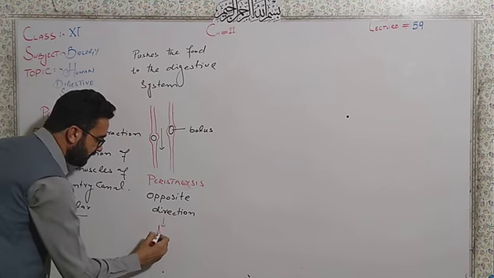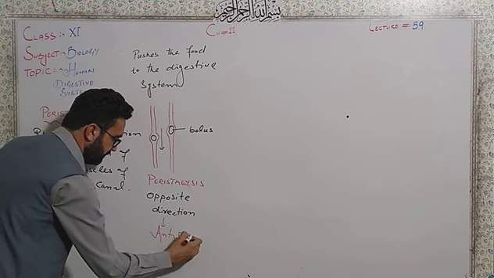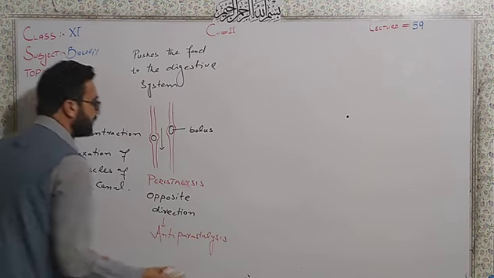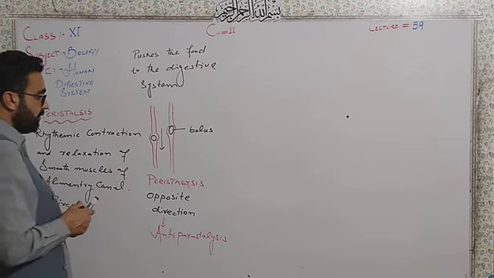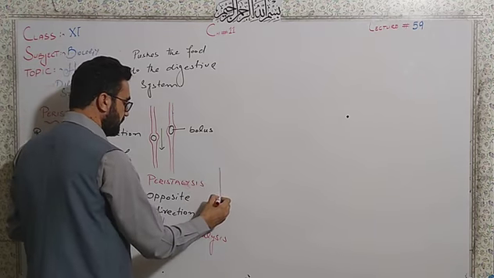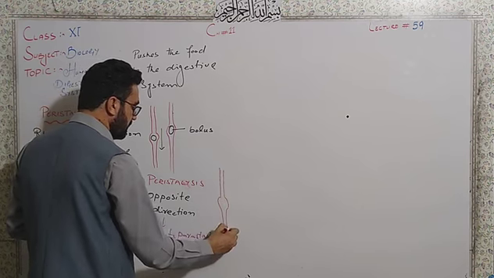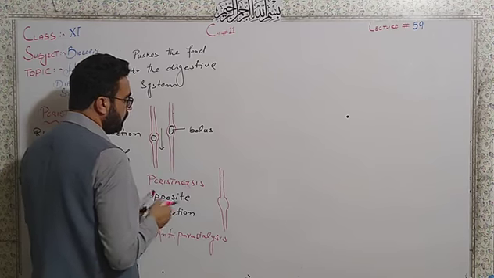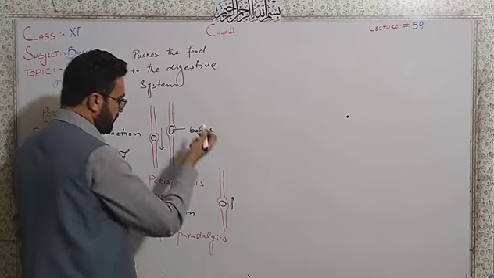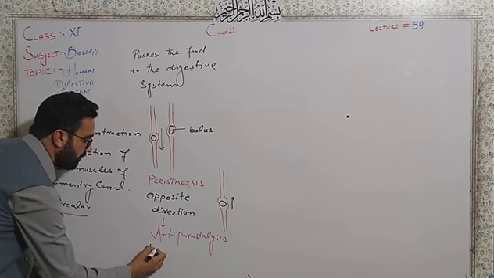And what is the result of antiperistalsis? The food will move towards the mouth and it will result in vomiting.